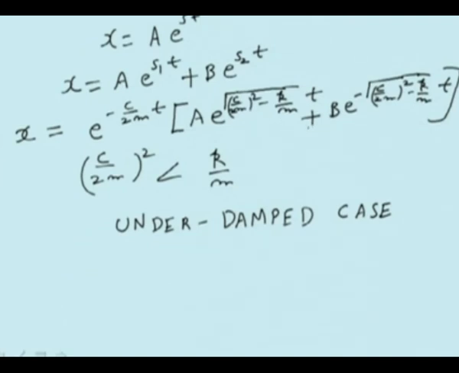The exponent becomes plus minus under root (k by m minus (c by 2m) whole square), which is imaginary.